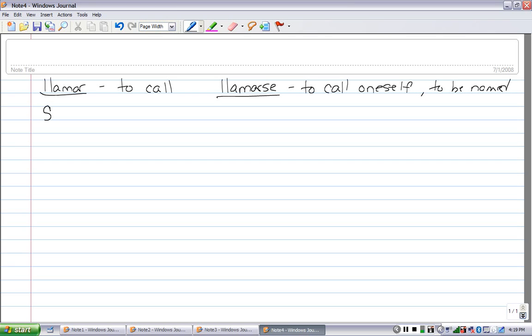If you make a sentence that says, she calls the police, the action of the verb call is going over to your direct object, police. So it would be ella llama la policía.